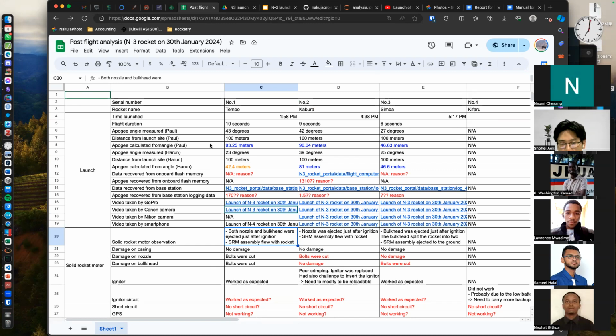What we can only do is other testing, like a static test. Also Dr. Patrick mentioned we should do a stress test, where we extract a part of the airframe, attach the rocket motor to it and fire it, so that we can see if our airframe material can withstand the thrust generated from the SRM.